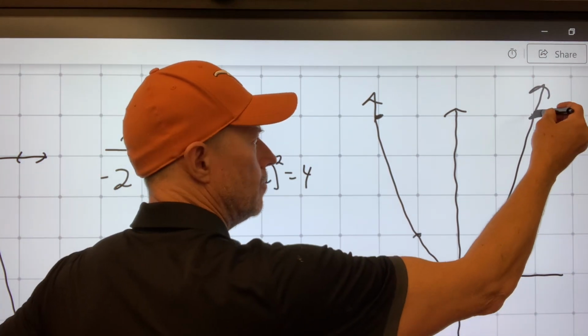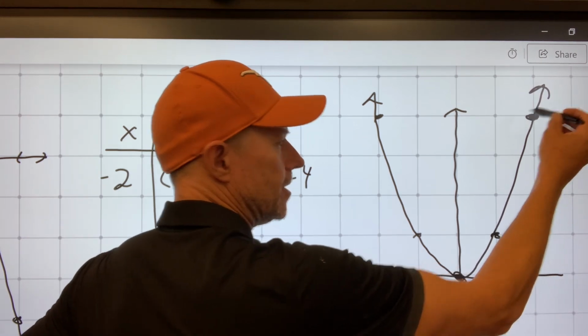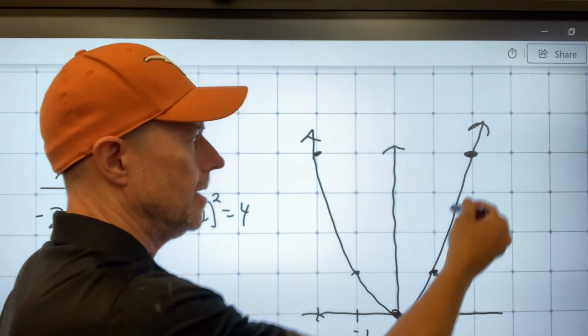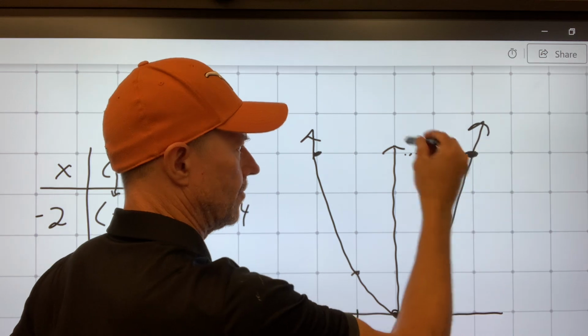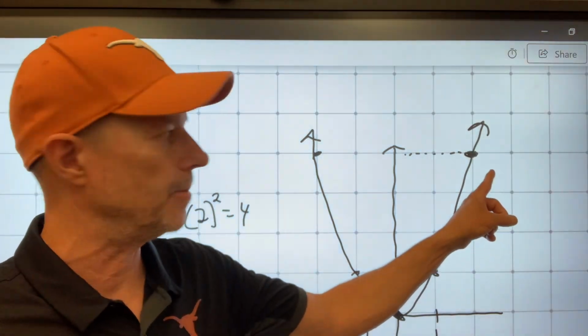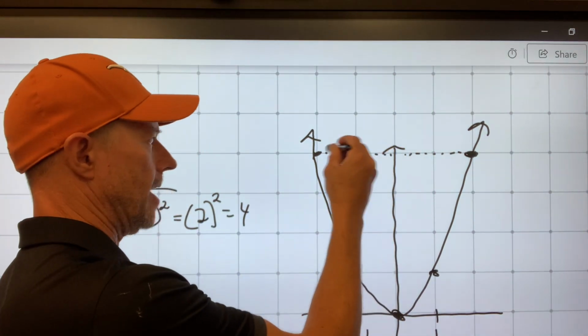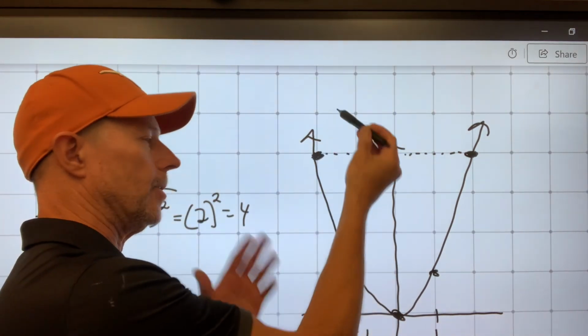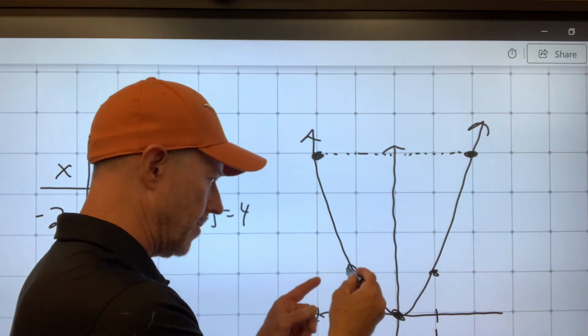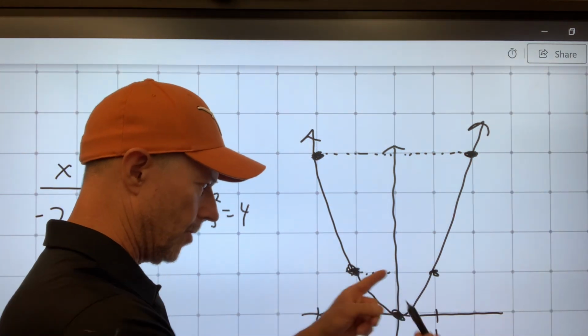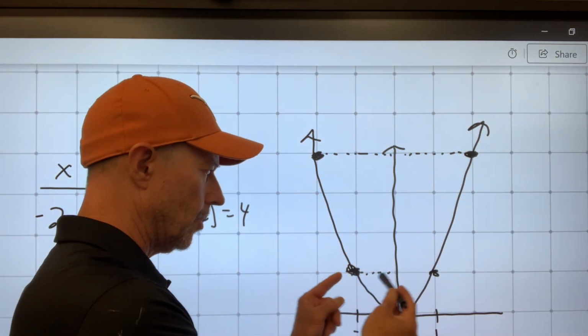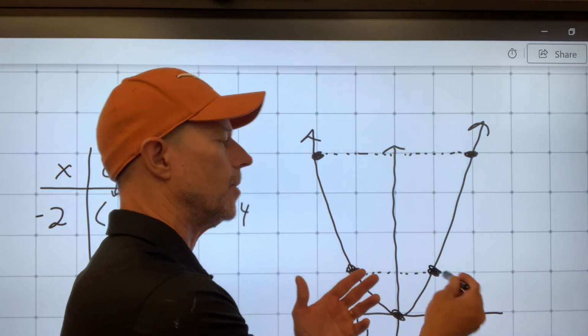Well, if I try to create a mirror image of this point, let's make sure we can see that. So this point is 2 units from the y-axis. If I try to create a mirror image of that point, I have to go 2 units on the other side of the y-axis. And look, there's a point there already. If I try to create a mirror image of this point, it's 1 unit to the left of the mirror. So if I go 1 unit to the right, oh, there's a point there already.